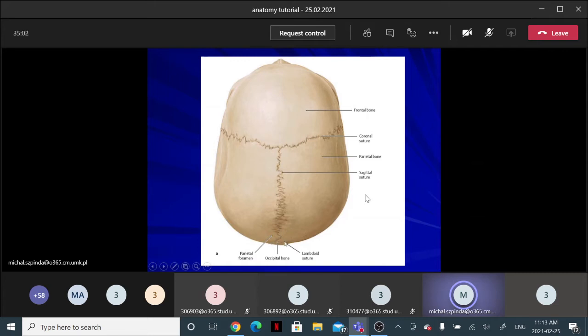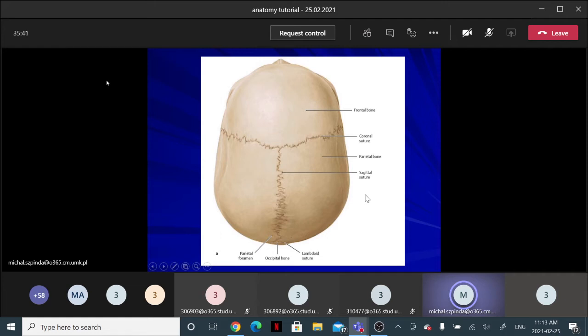The very posterior part is occupied by the occipital bone, precisely the superior part of the squama, which is involved in the calvaria. The remaining part of the occipital bone, including its inferior squama, 2 lateral parts, and basilar part, are involved in the internal cranial base.